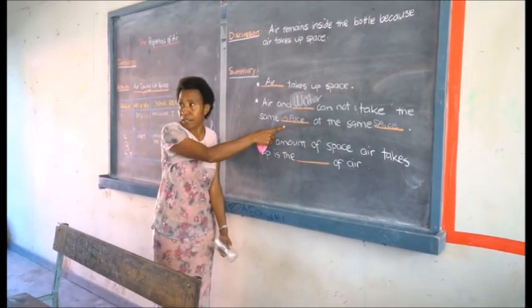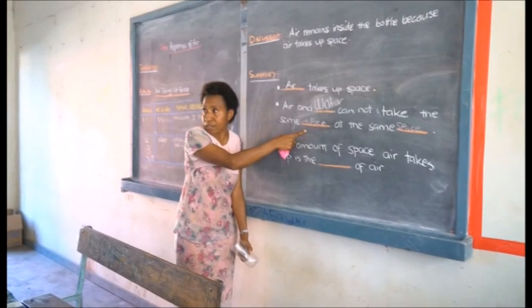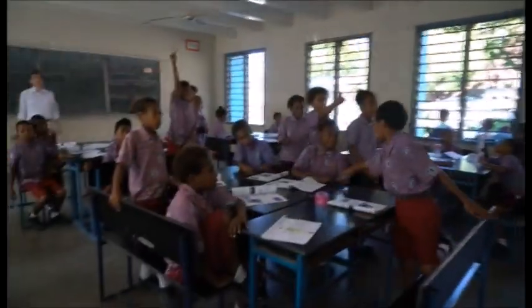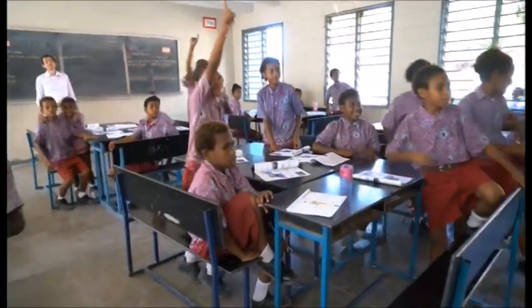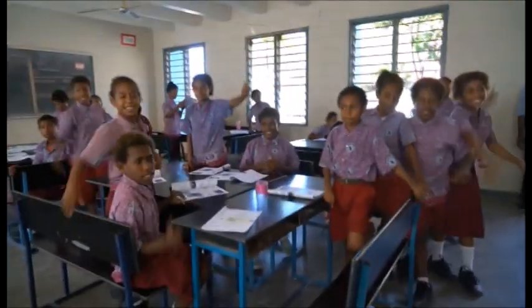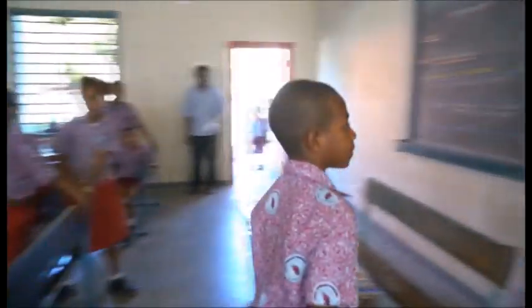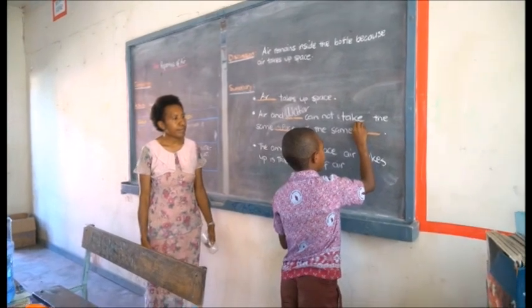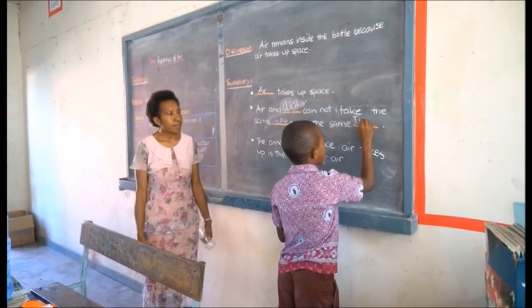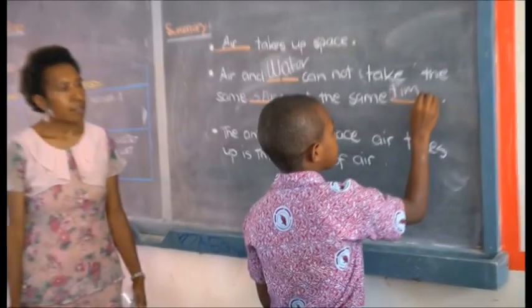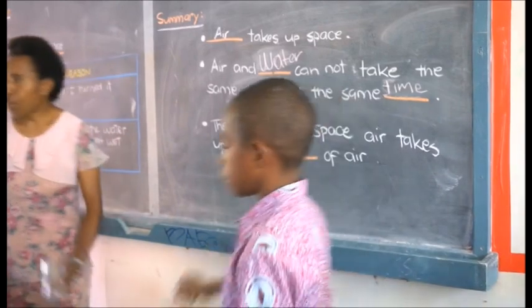Air and water cannot take the same space. Is this correct? Yes. Is this correct? Yes. Somebody's saying no. Yes. It's correct. Okay. Air and water cannot take the same space at the same time.